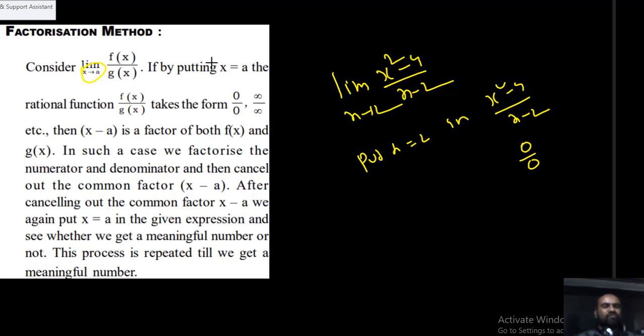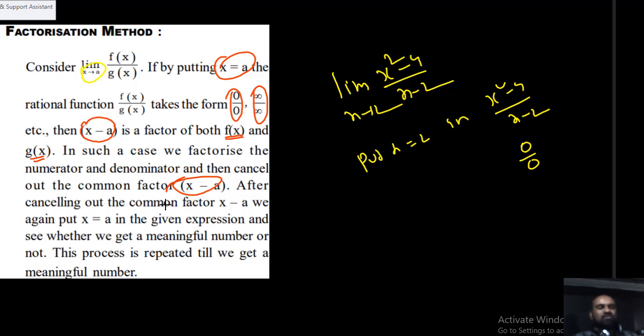If on putting x equal to a the rational function f of x by g of x takes the form 0 by 0 or infinity by infinity or any indeterminate form, then x minus a is a factor of both numerator and denominator. In such a case, we factorize the numerator and denominator and then cancel out the common factor x minus a, because x is tending to a, x minus a is never 0, so we can cancel it out.